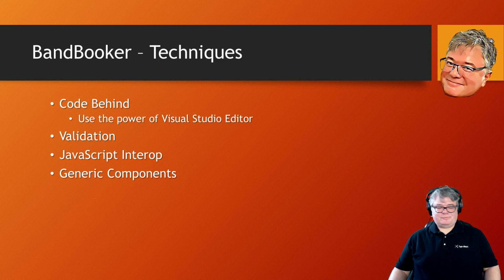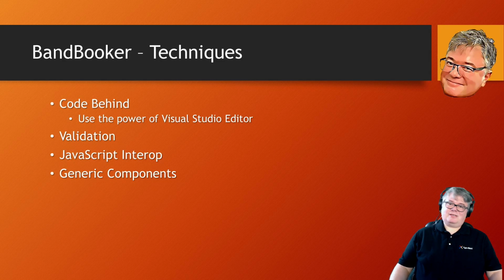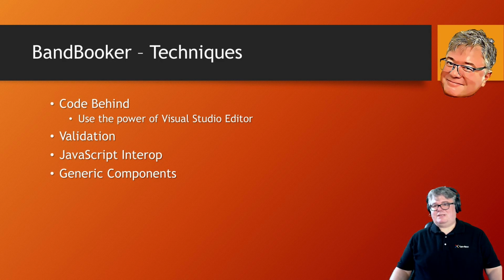JavaScript interop. You can call JavaScript from C#. You can also call C# from JavaScript. So that's kind of cool. And generic components. The component that I showed you before, that child component, didn't really do anything.